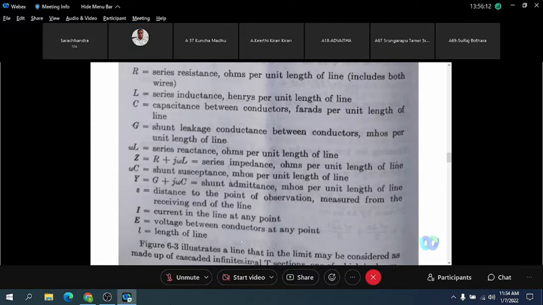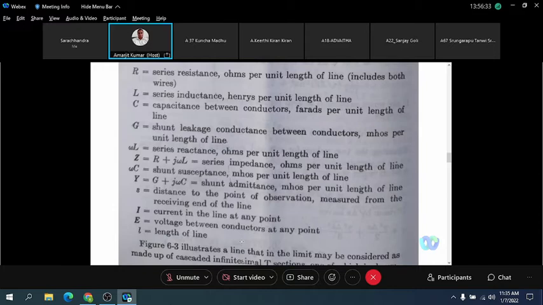Yes, the E and I, voltage and current, will they be constant or variable? So what is your suggestion?